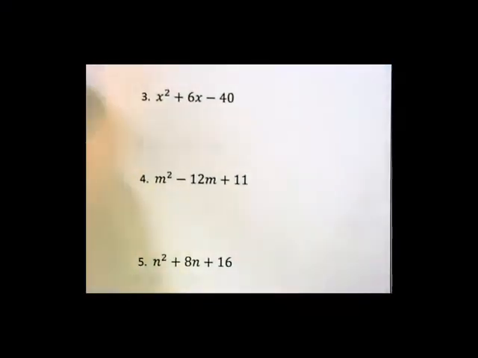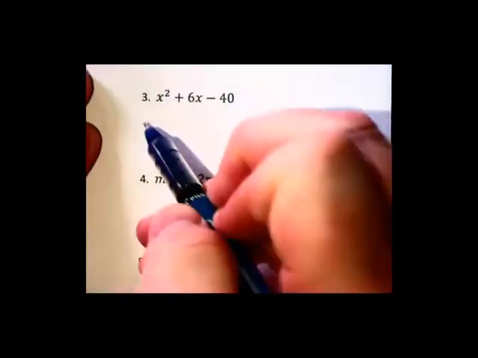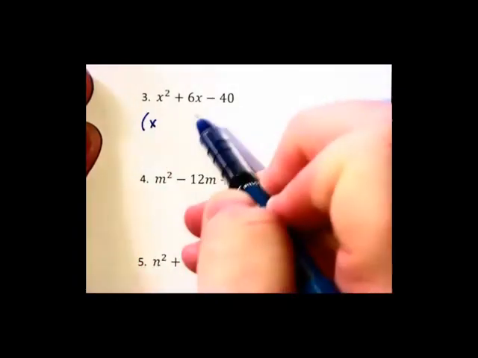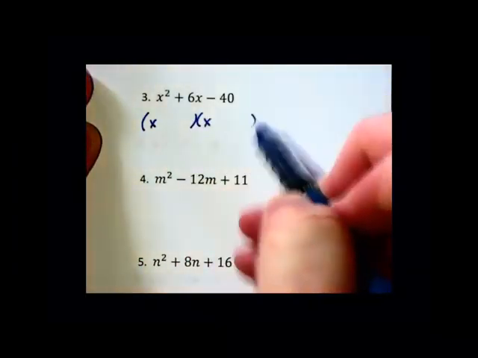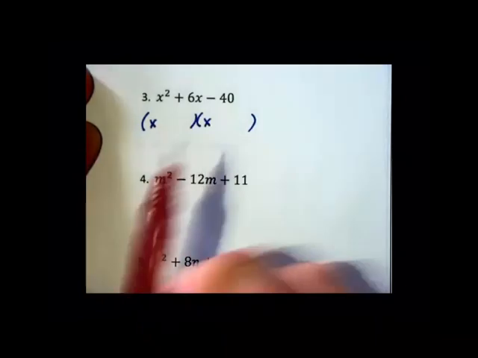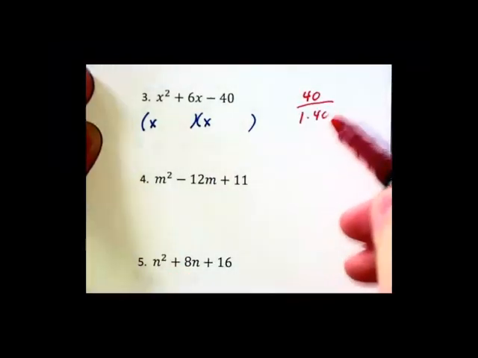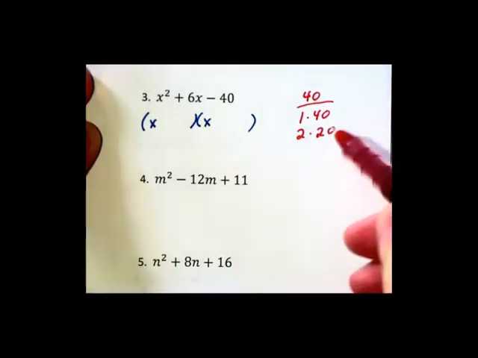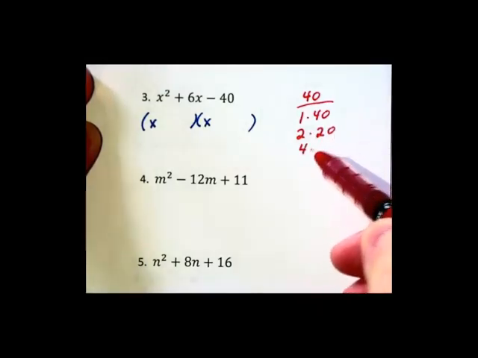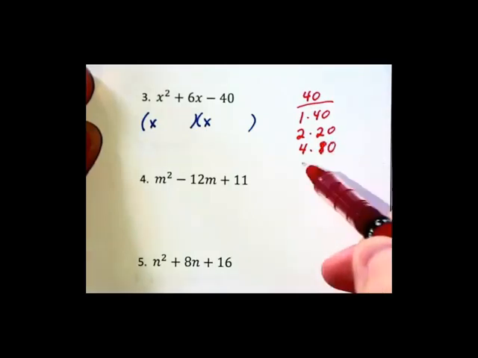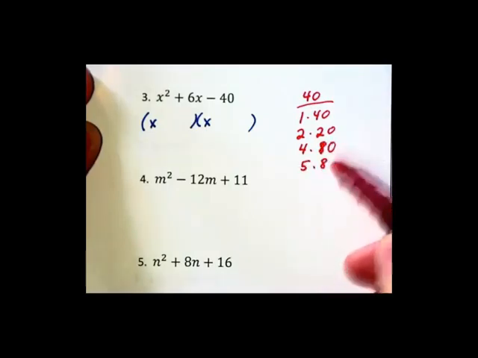Moving on to problem number 3. No GCF. We know that our parentheses are each going to begin with an x. The multiplication problems that make 40 are 1 times 40, 2 times 20, 3 doesn't go in, 4 times 10, 5 times 8. I was getting a little bit ahead of myself.